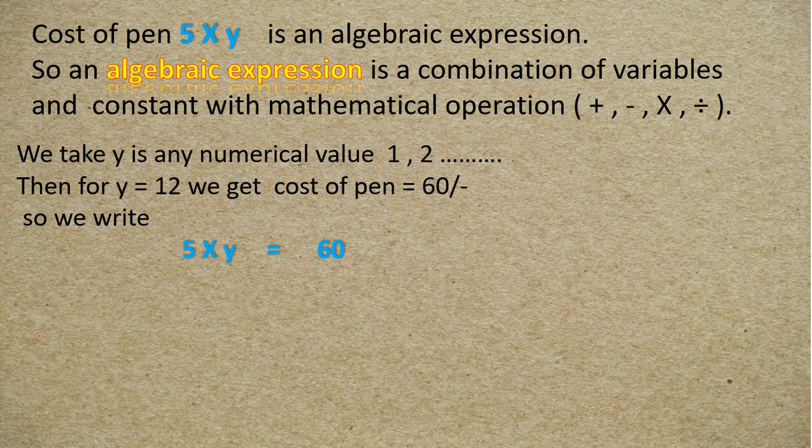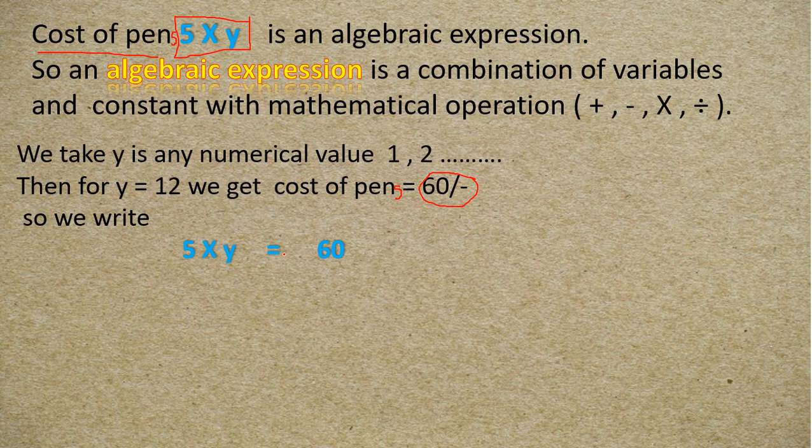Let us understand this. 5 multiplied by y here, this is the cost of pens, correct? And this is also rupees 60, the cost of pens. Both are the cost of pens, both representing the same thing.